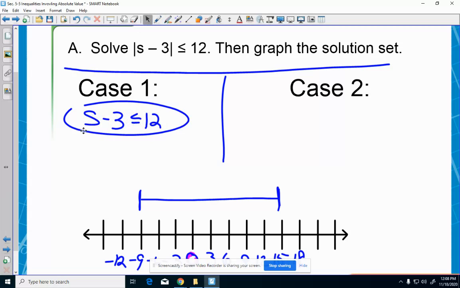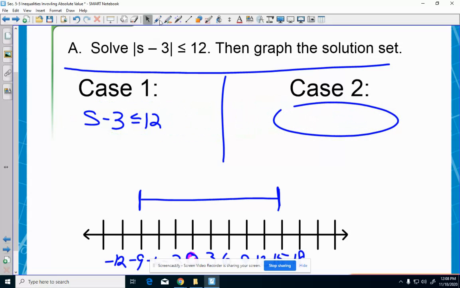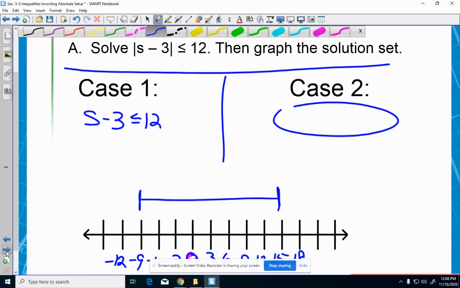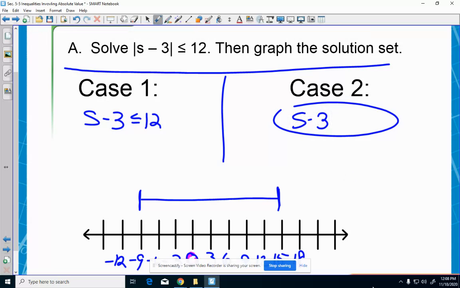Now, this one, though, might catch us for a little bit of a loop. So what am I going to actually write over here? S minus 3 greater than or equal to -12.